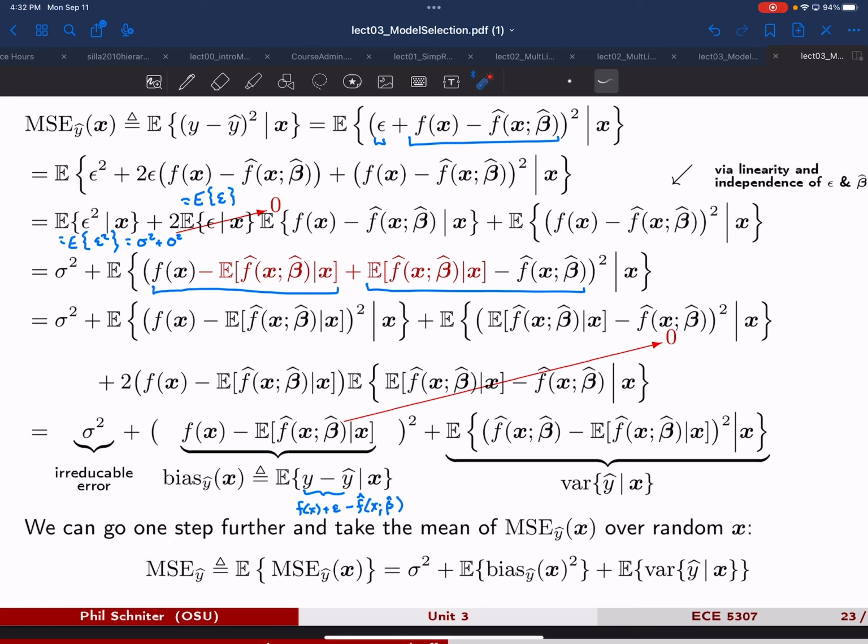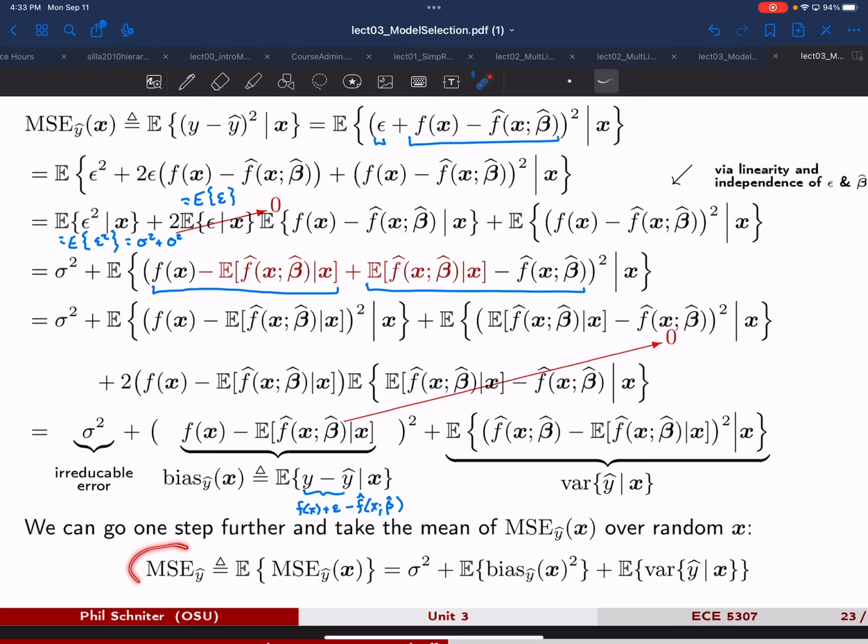So here we take the expected value of our x-conditional mean squared error over x. That removes all the randomness due to those different x's, in which case the first term doesn't change. The second term is now the expected squared bias, and the third term is the expected variance. All these expectations take out the randomness due to all the possible test feature vectors that you can see.